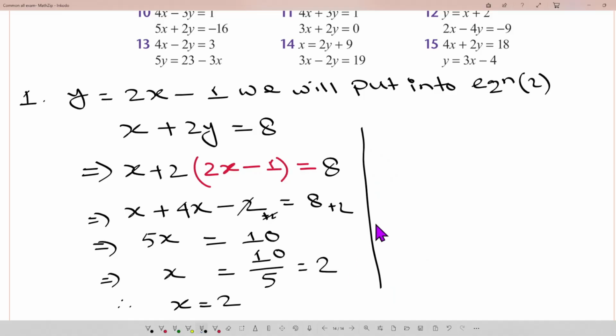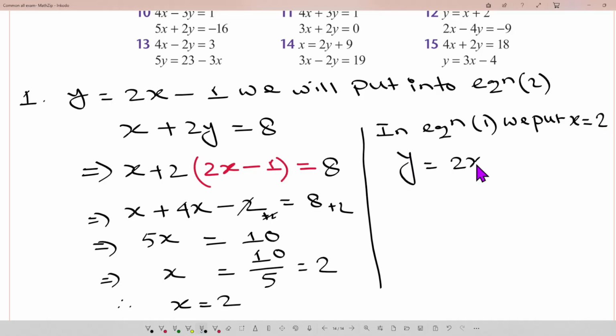Now in any equation, either 1 or 2, we will put this x equals 2. So we can write in equation 1 we put x equals 2. So here is y equals 2x minus 1, then 2 times x, which is 2, and then minus 1.